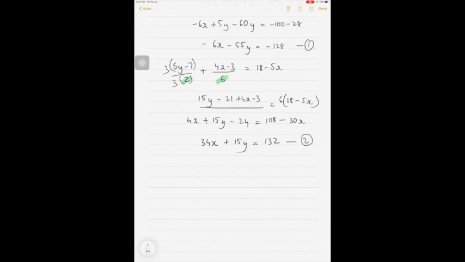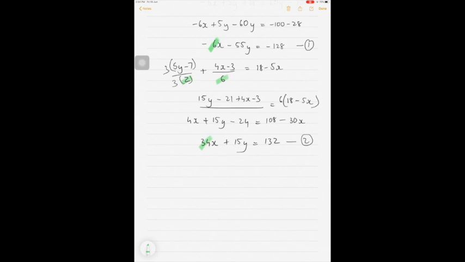Anyway, what I'll do is I'll multiply first equation with 34 and I'll multiply second equation with 6. That is the simplest way to do. I want my x terms to be same.